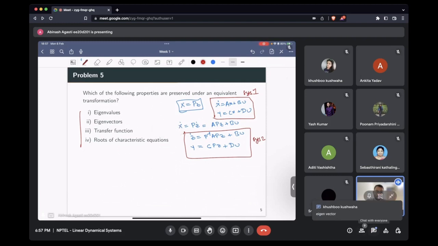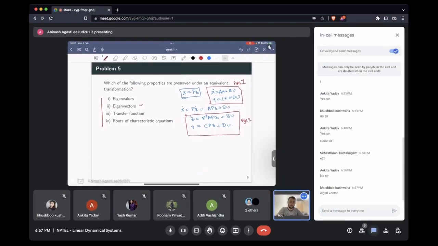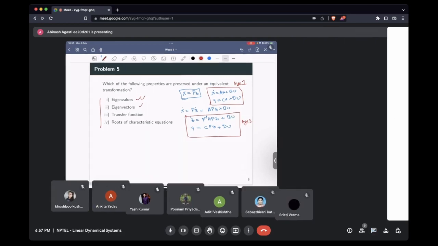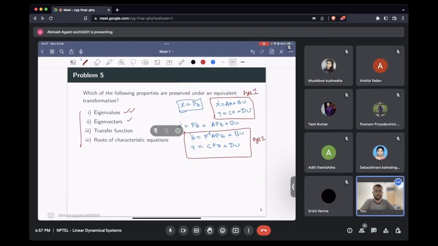Okay, there's a guess: eigenvector. Any others? Eigenvalue, okay, eigenvalue got another vote. Anything else? Transfer function and roots of the characteristic equation. Anyone bets on those? Okay, let's see how this happens.